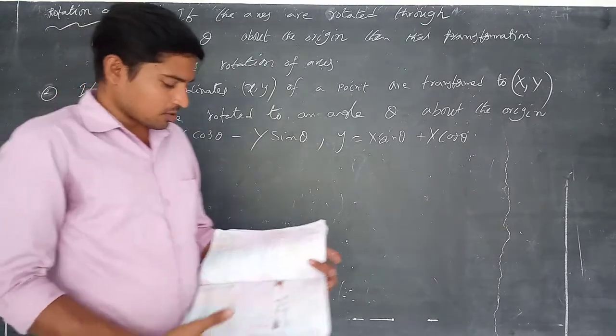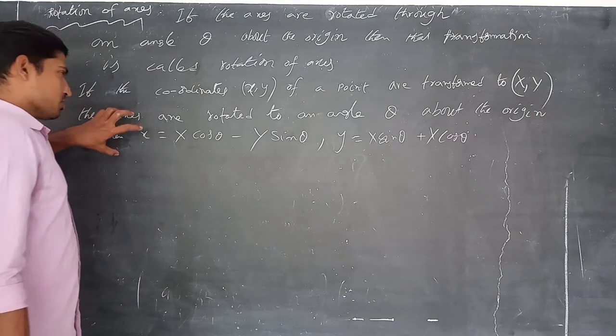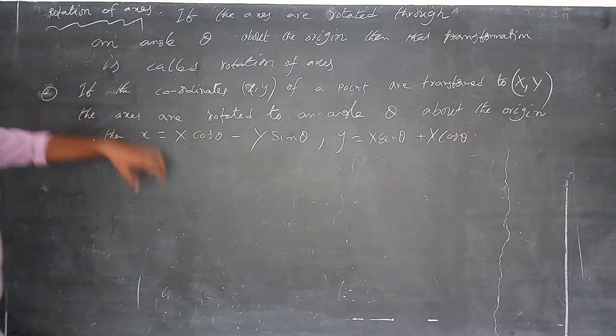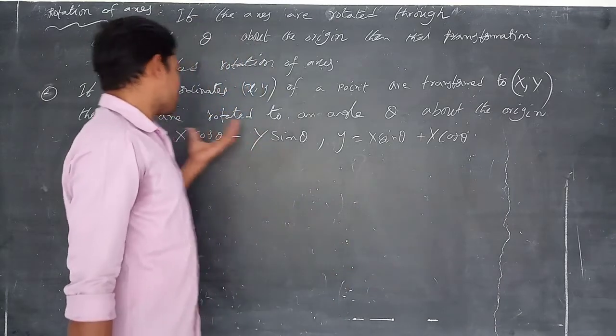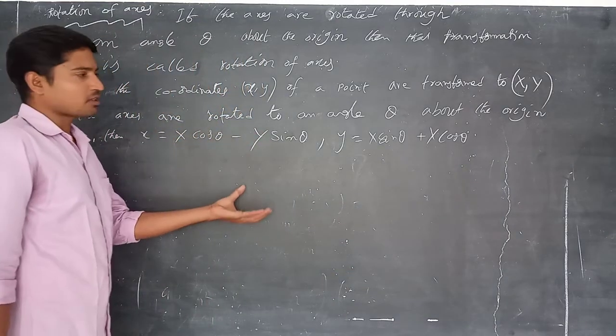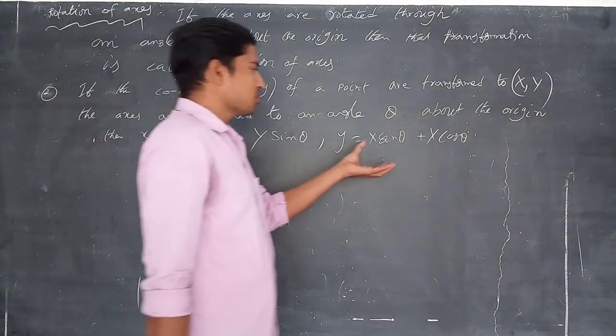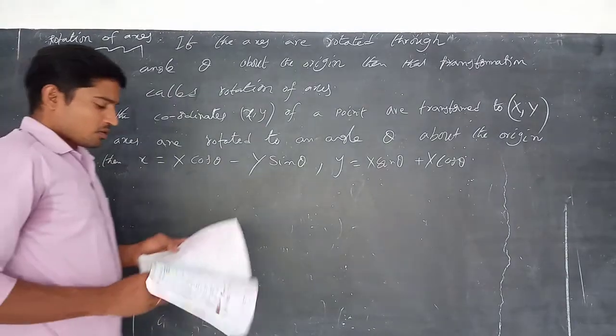Let us suppose those are the transformed equations. The coordinates are transformed like that. Small x changes into X cos theta minus Y sin theta, and small y changes into X sin theta plus Y cos theta.